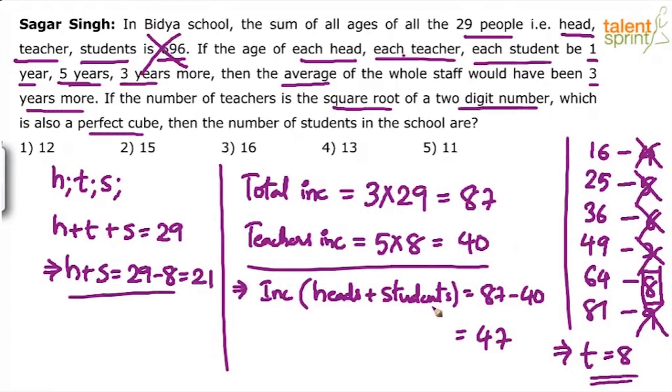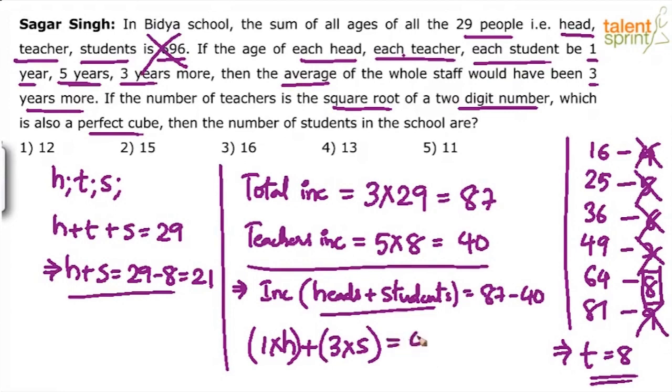So obviously for the remaining people, heads and students, the increment is 47. How many heads are there? H heads, and each head's age increases by 1 year, so 1 into H, plus S students, and each student's age increased by 3 years, so 3 into S equals 47. You're able to follow?